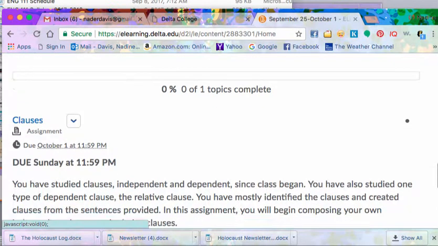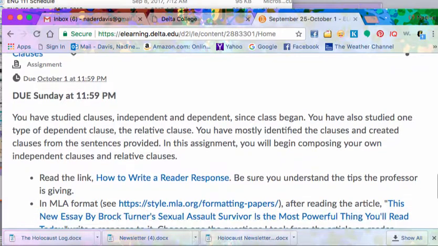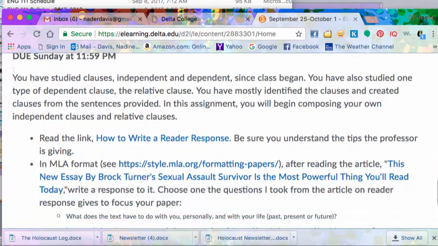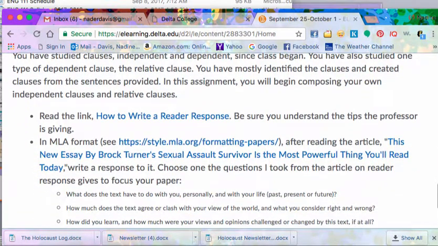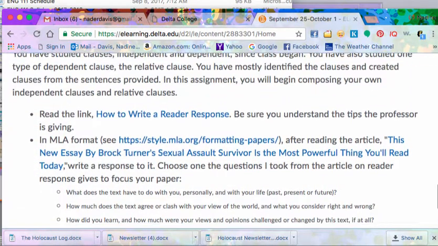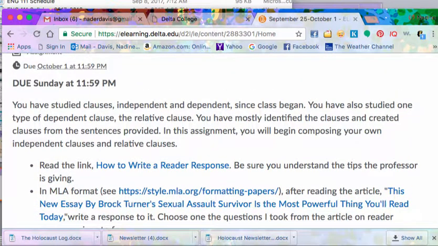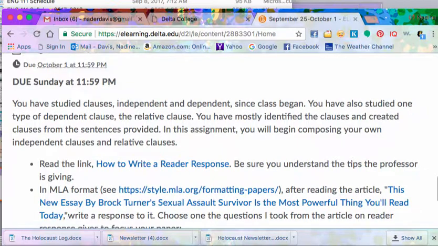And your first thing that you have to do is, you're going to write this week. You're not going to have to revise that until the week after. But this week you're going to write a paper, and what I'm going to be looking for in this paper is that you have complete sentences and that you can use a relative clause.